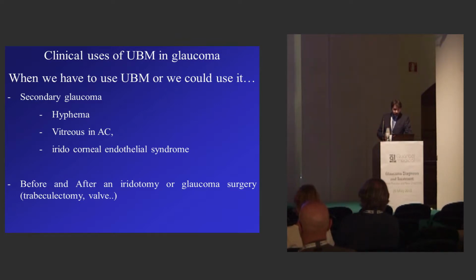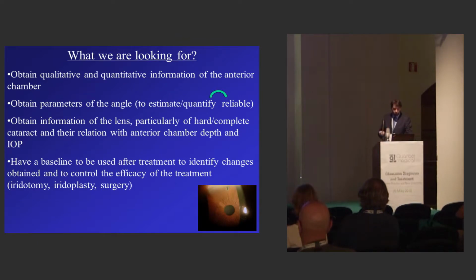And for me, it's very important to use UBM before and after a lot of procedures for glaucoma, like a simple iridotomy or an iridoplasty or glaucoma surgery. What we are looking for, first, is qualitative and quantitative information of the anterior chamber, parameters of the angles.